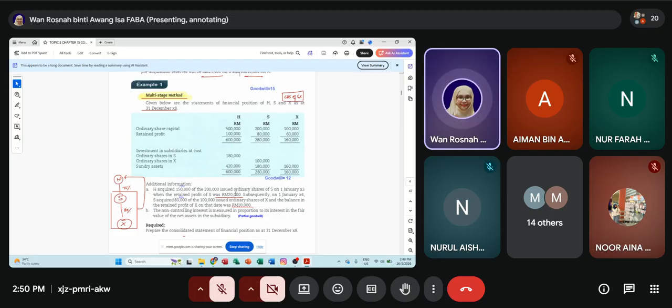So you already recognize here the pre-acquisition reserve. And later on, on January 20th, 2004, S acquired 80,000 of the 100,000 issued ordinary shares of X, and the balance in the retained profit of X on that acquisition date is 10,000.